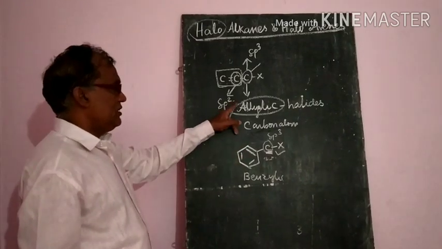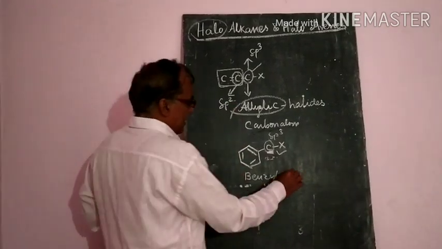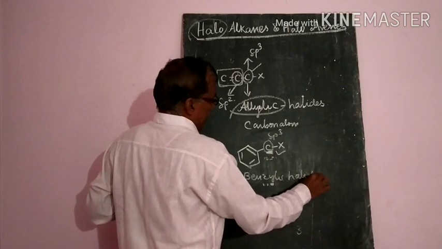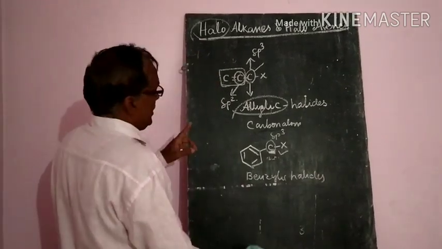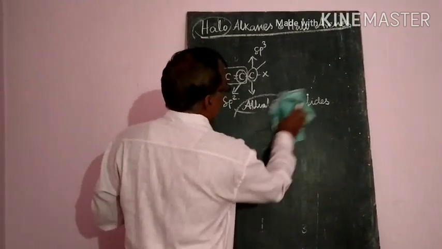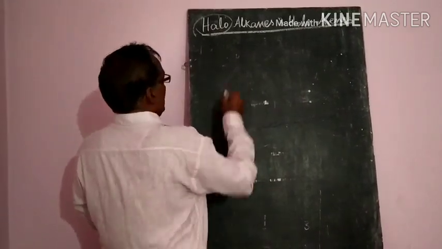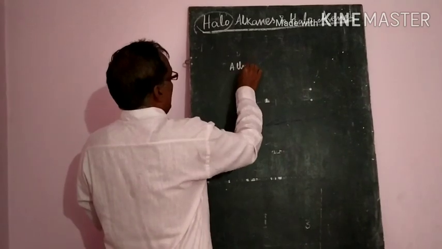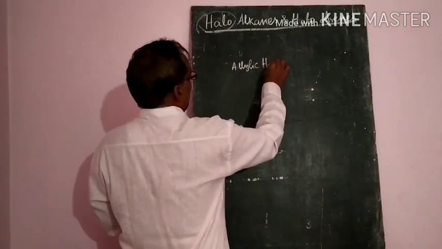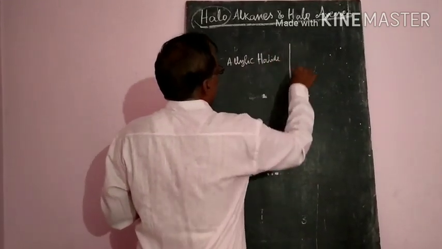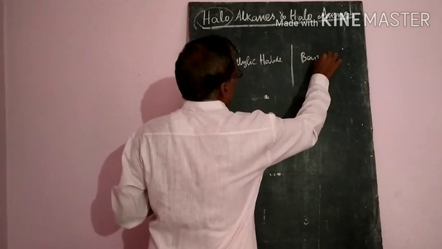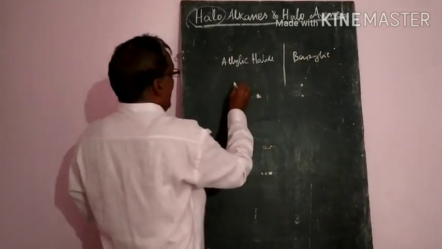This is another classification: benzylic halides and allylic halides. One more classification is also there. Try to understand this so that you can write well. One is allylic halides and the second is benzylic halides. So what are allylic halides?